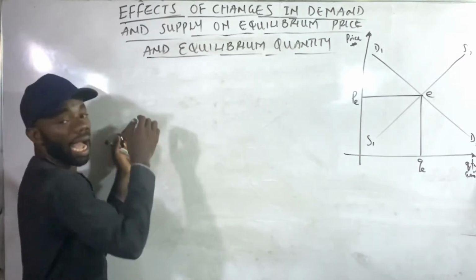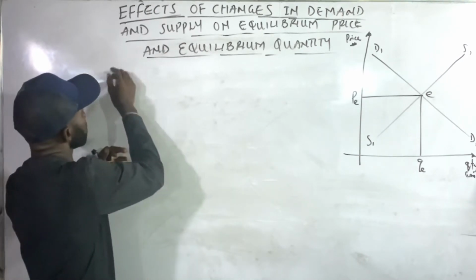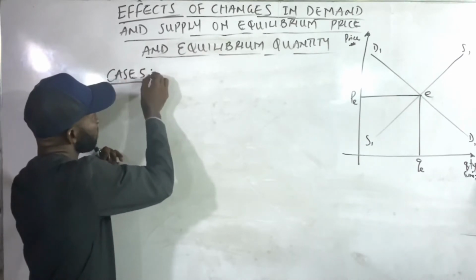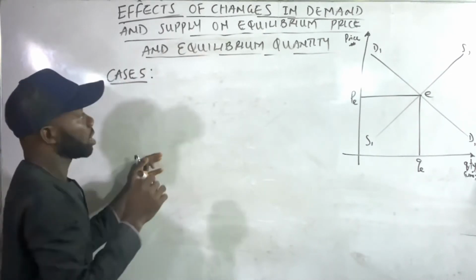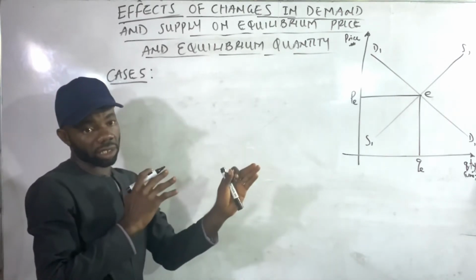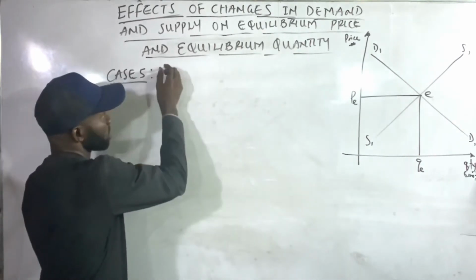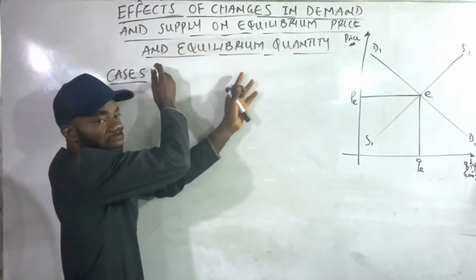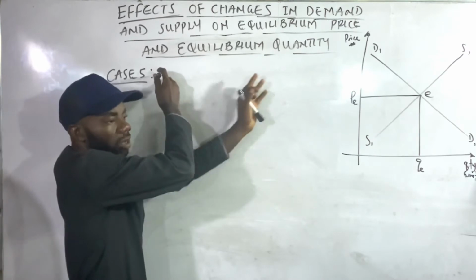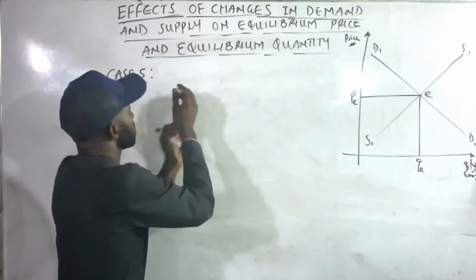For case number 5, we do not have anything totally different from what we have been following. All we need to do is just do a little twist the other way around. We have considered increase in demand, increase in supply. Decrease in demand, decrease in supply. Now let's twist.